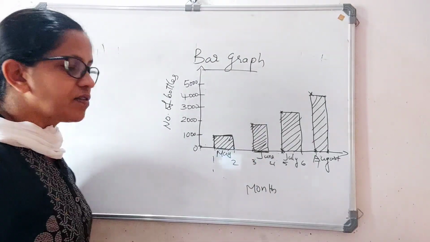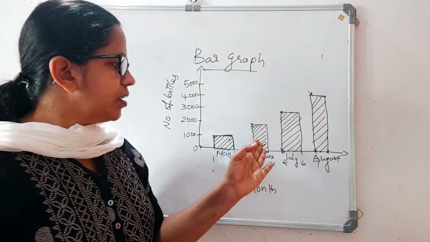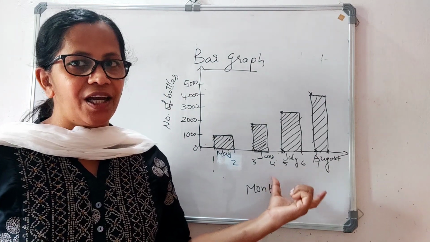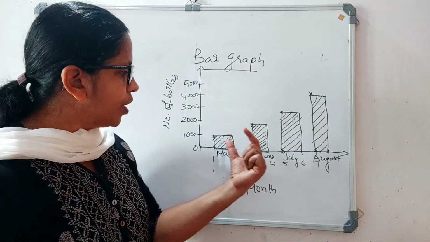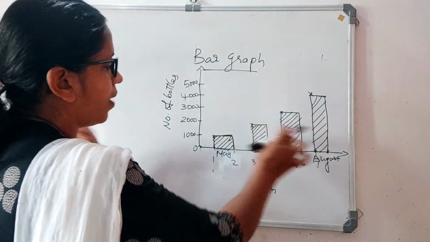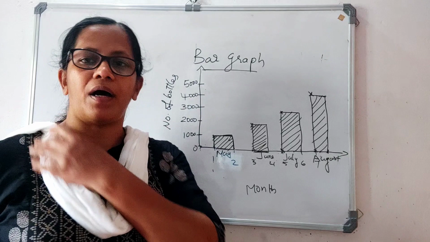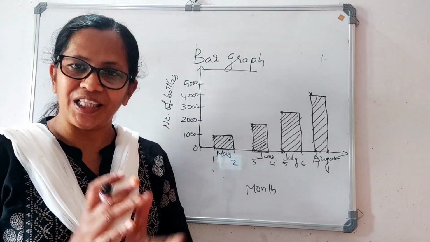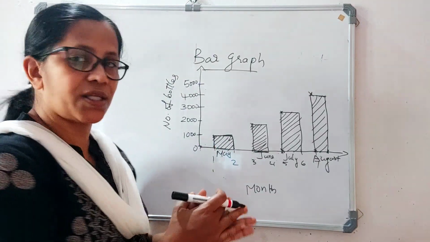When I represent the same data in this way, it is called a bar graph. Okay, here I represent the data given using some bars. This is a bar, another bar, 4 bars are there. So this is called a bar graph. Hope you understood. This is a very simple thing, very easy to draw. When you draw, use scales.